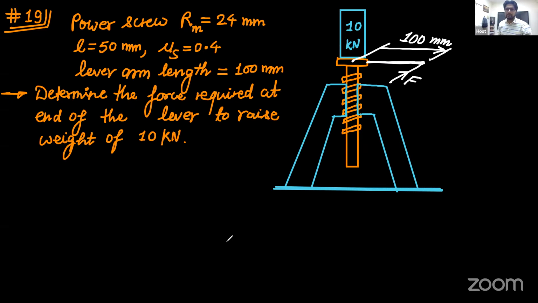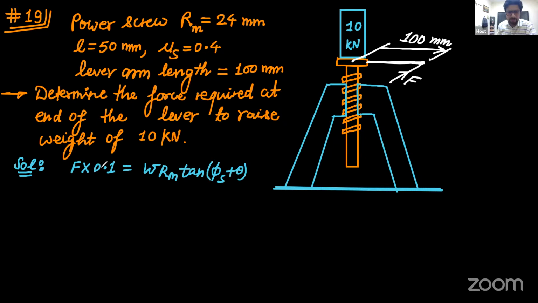Perfect. So this is a put the formula, get the answer type problem. You already know that the torque that you are applying is F multiplied by 0.1. And the torque required to raise the load is W into Rm multiplied by tan of phi s plus theta.